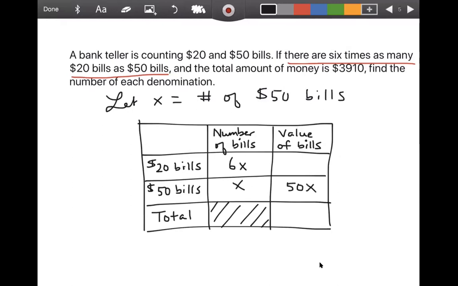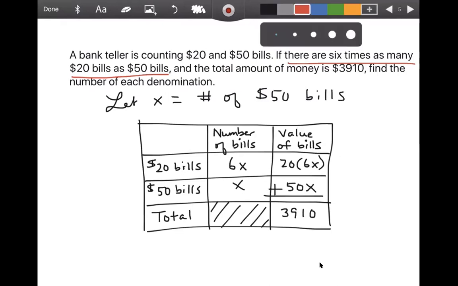And the value of those bills will be 20 times 6X. The total value of the bills is $3,910. And that comes from adding up the value of the 50s and the value of the 20s. So our equation is going to look like this.